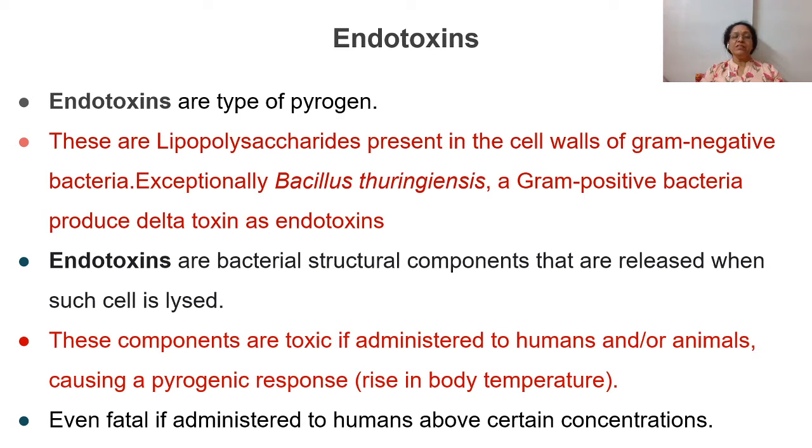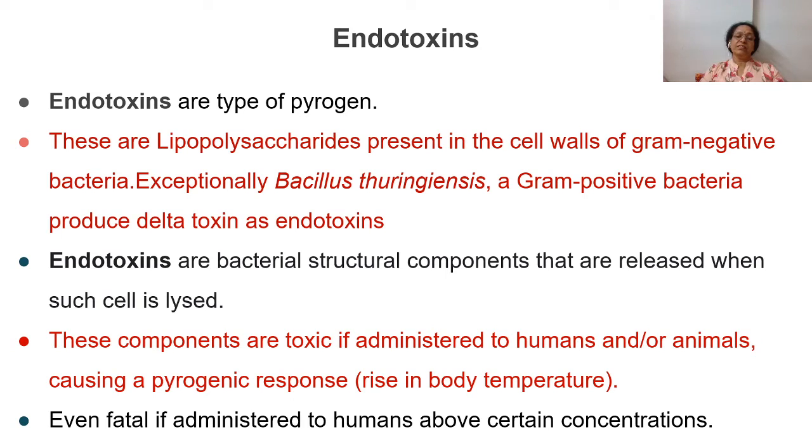So it is necessary to find out whether such endotoxins are present in the given pharmaceutical products, drugs, saline, whatever biological product is used in the treatment of a patient. Not only that, in devices like syringes and injectables, they may be present, and so it is one essential test.